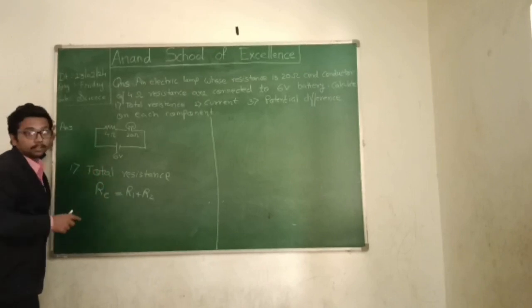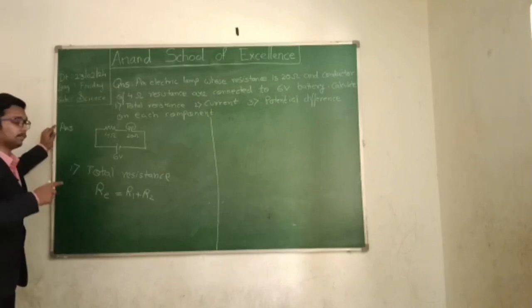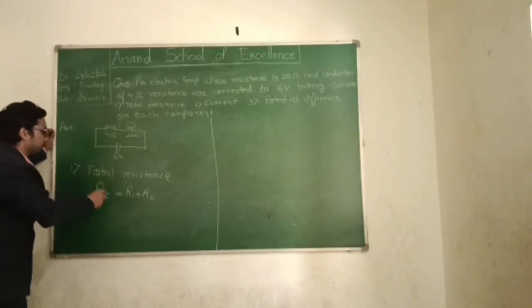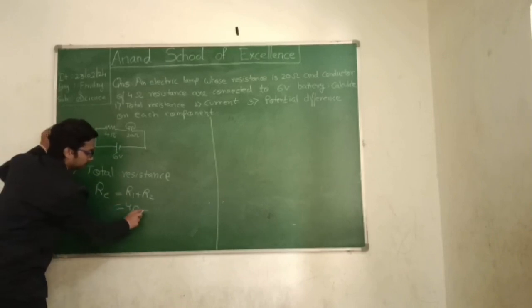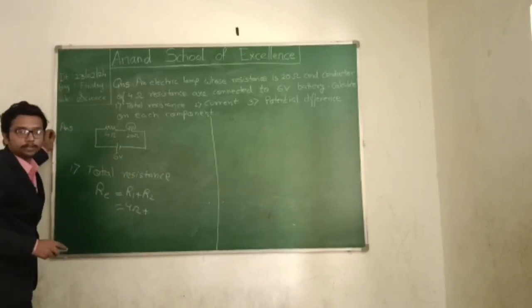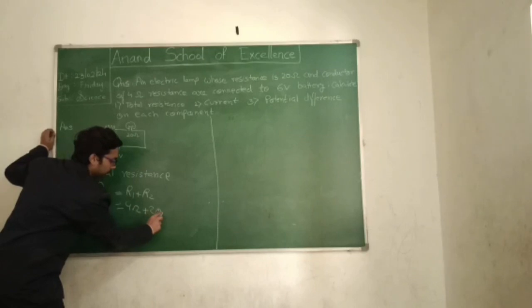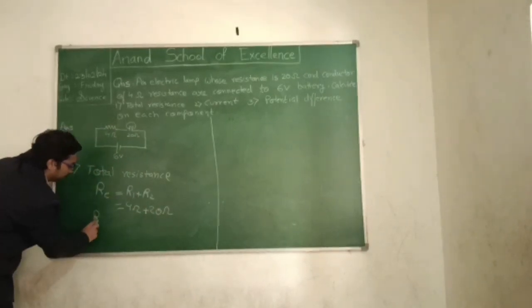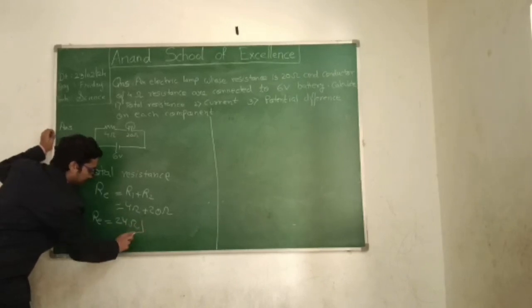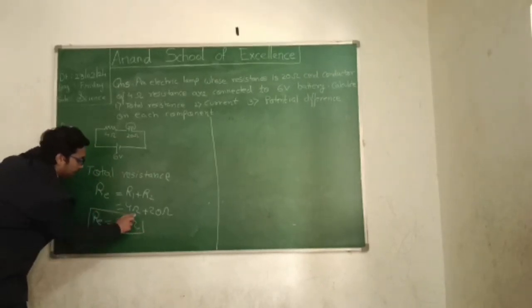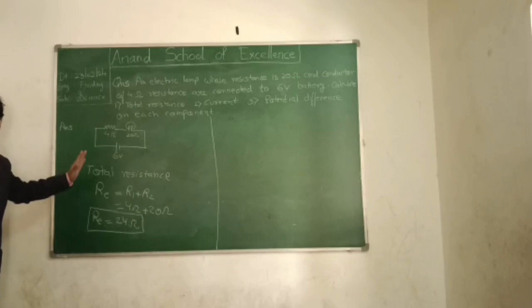But here two components are given, that's why we are using R is equal to R1 plus R2. The value of R1 is 4 ohm and the value of R2 is 20 ohm. So the total resistance of the circuit is RE is equal to 24 ohms. So we have found the first answer, that is total resistance.